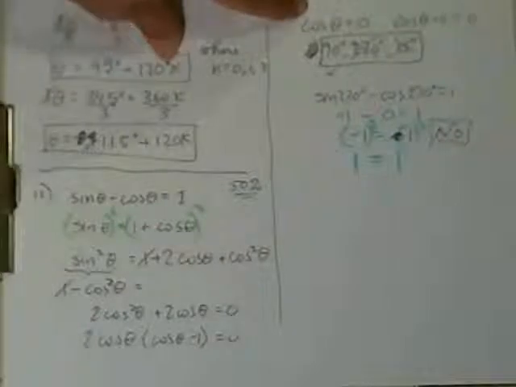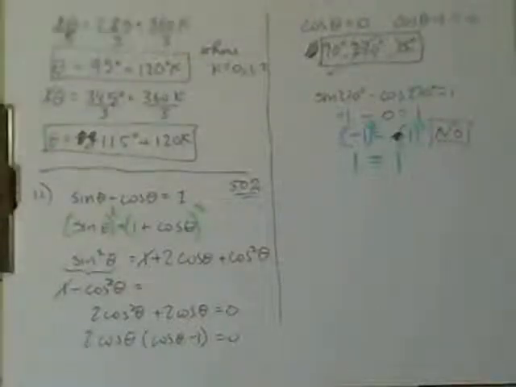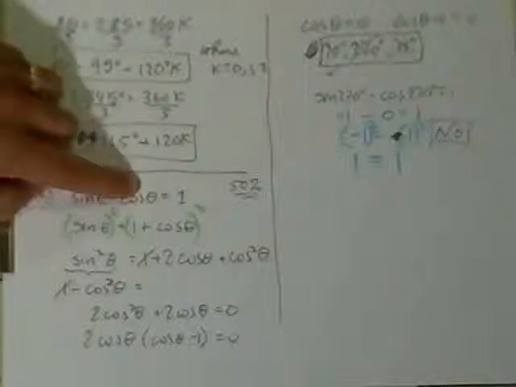Cosine of theta equals 0. When is cosine of theta equals 0? Not 90. Yeah, that's 270. How come they're saying 90 and 180? Let's move this guy to the right side.